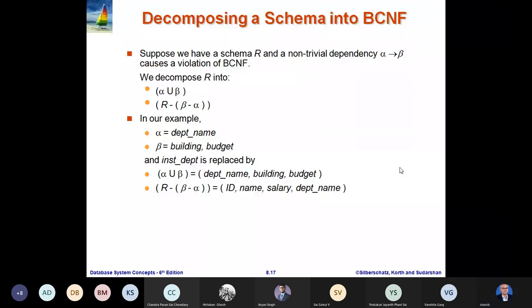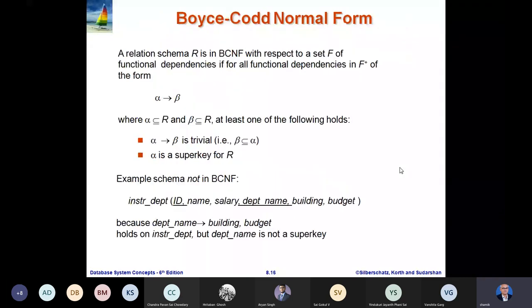So of course you see that in the process what we have done is that this instr_dept, which we intuitively previously knew is not a good design, there are redundancies and all these things which might cause inconsistencies, but now we have formally figured out why it is not a good design, because we now know that it is not in BCNF. So BCNF is a standard level of normalization which we try to follow in our database design. So we have identified that this schema is not in good form.